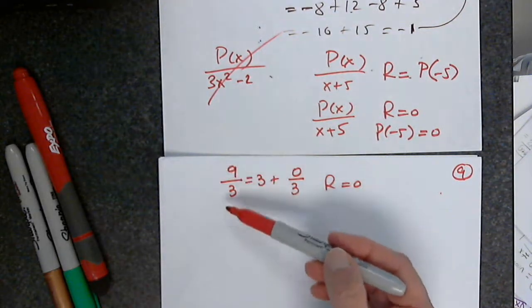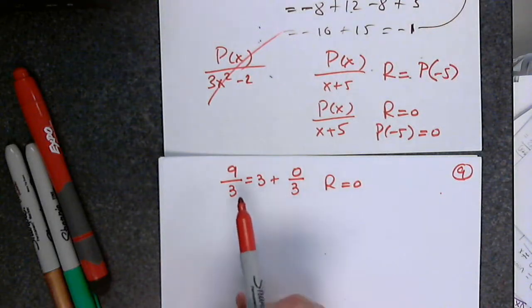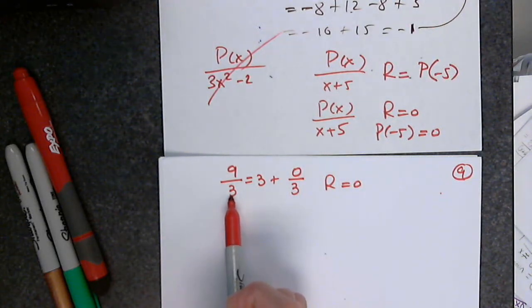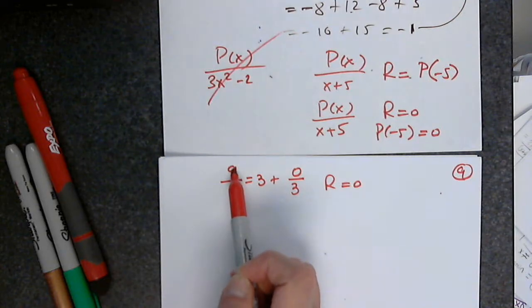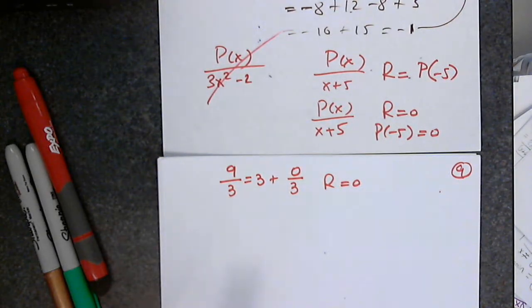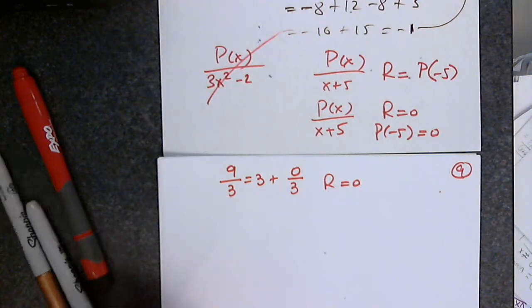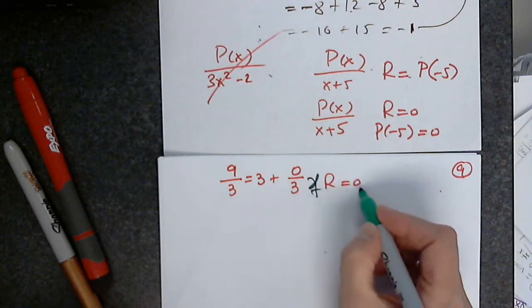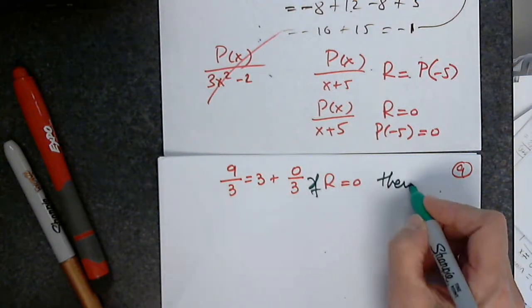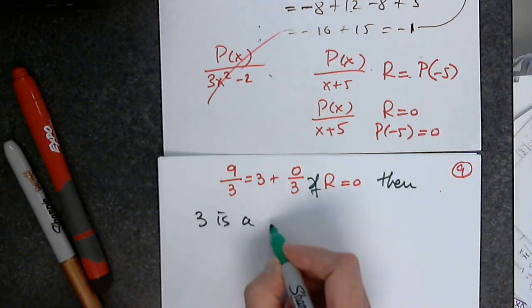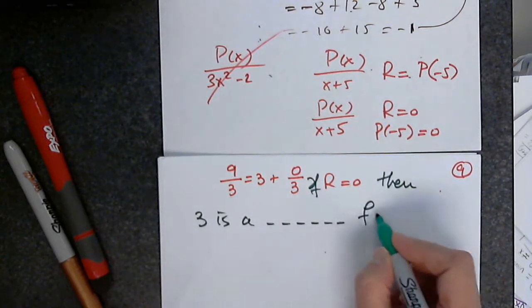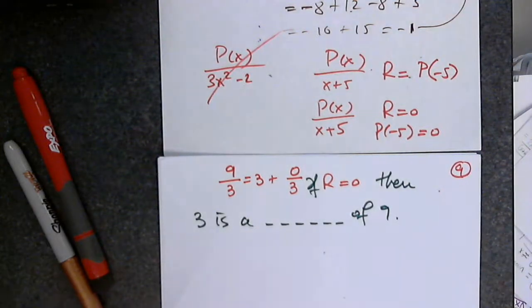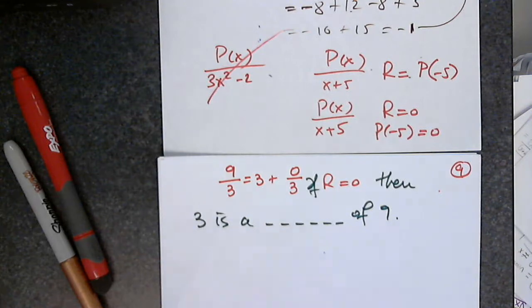If the remainder of a division is 0, what will I say that this number represents for this number? I'm looking for a key word. So if the remainder is 0, then 3 is a factor of 9. Exactly.